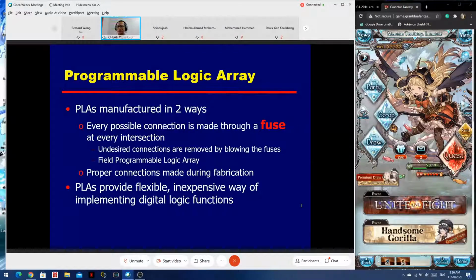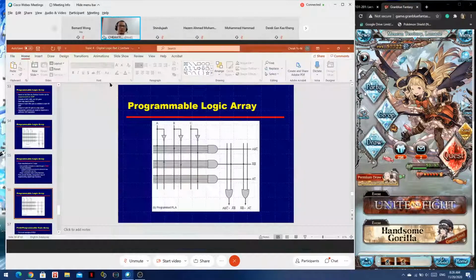So I hope that clarifies the question. Any other clarifications needed for programmable logic devices? All right, good. If there are no questions here, then I will go into the next topic.